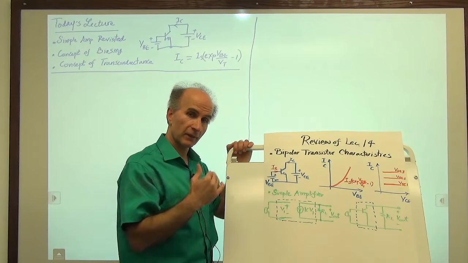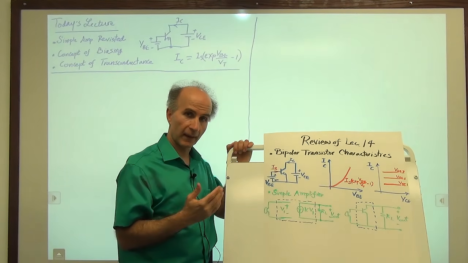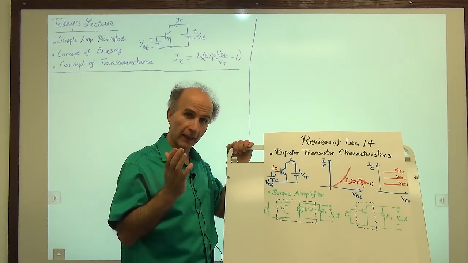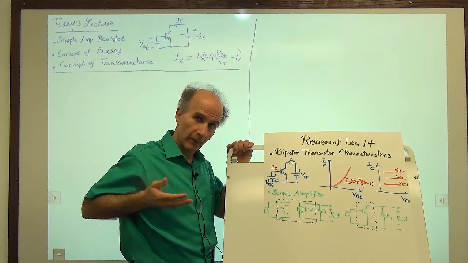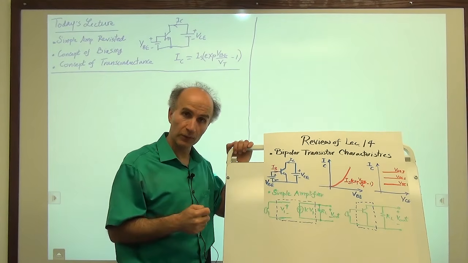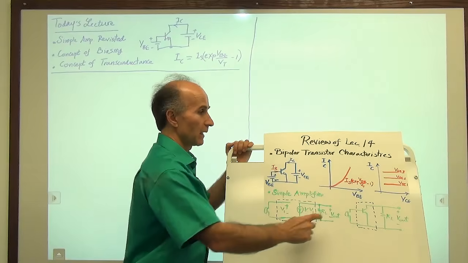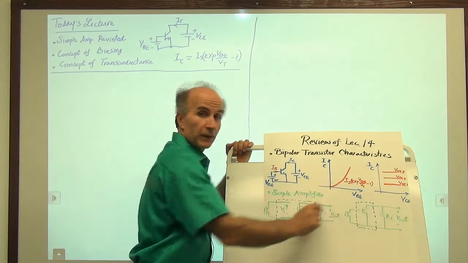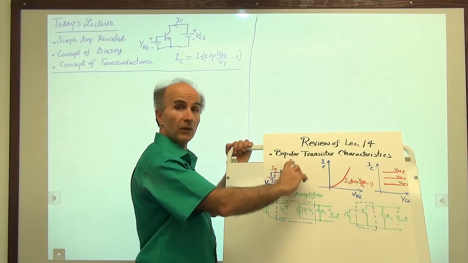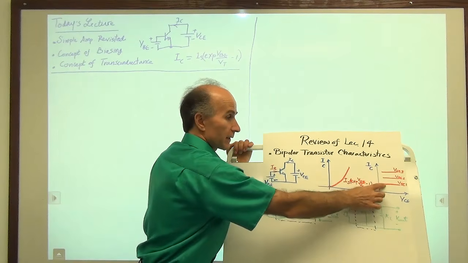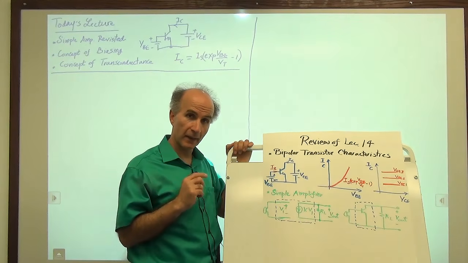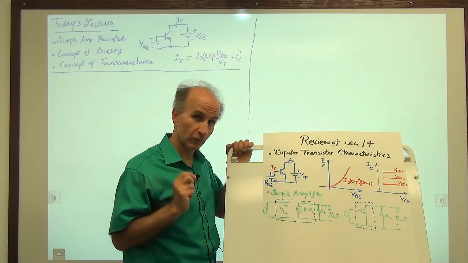Now, looking at the physics of the device, we might decide that the collector voltage should not affect the current that's flowing from the emitter to the base through the junction. And that's more or less true. So we would expect that for a given base emitter voltage, as we vary this voltage, as this goes up and down, the collector current is constant, provided that we are always in the forward active region.